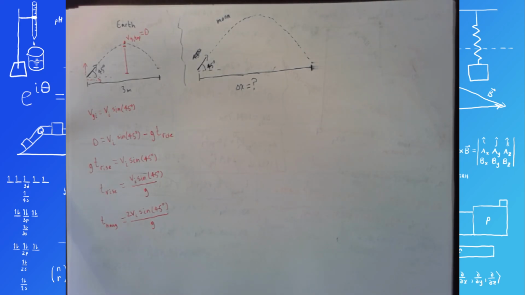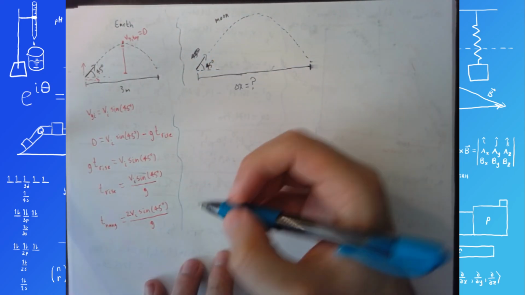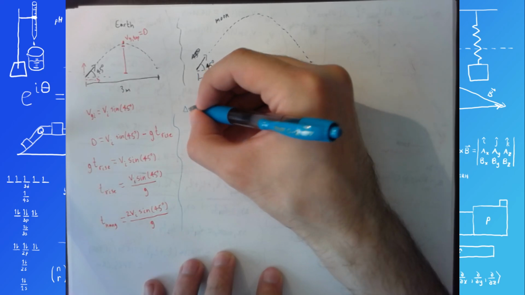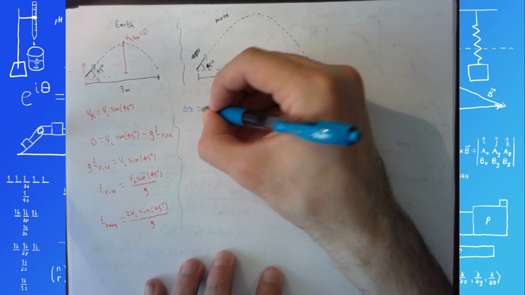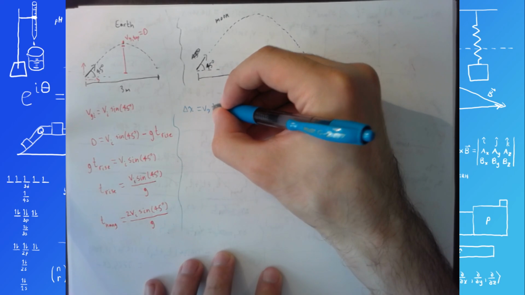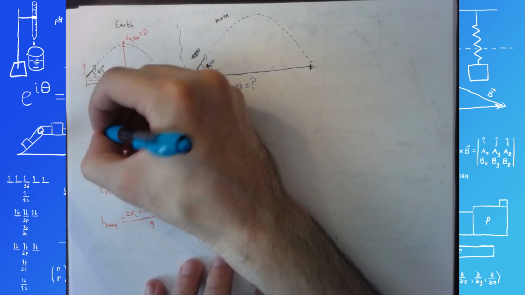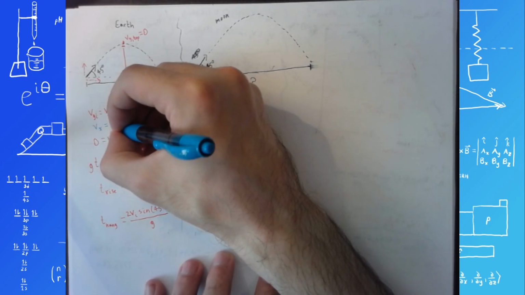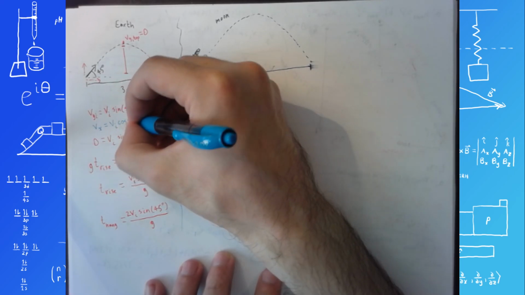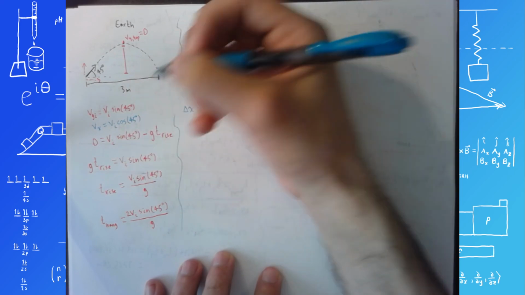And then that hang time I can use in my delta x equation. Let me switch colors. I can do delta x equals vx times t. Vx is going to be v initial cosine of 45 degrees.